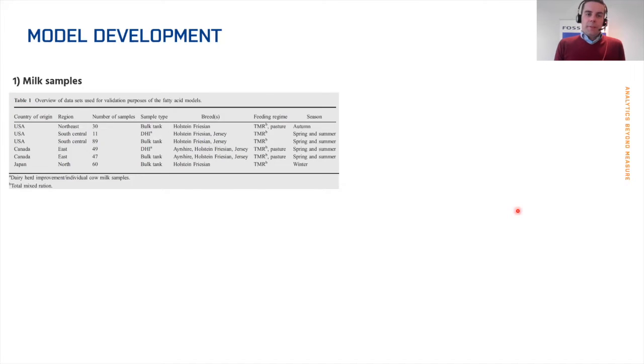We collected different types of samples: bulk tank samples, meaning all the milk from 1 farm together, and then DHI samples or individual cow milk samples. We covered different breeds, different feeding regimes in our sample selection, and different seasons. We tried to cover all these things in order to cover as much variation as possible, and thus be able to develop models that are as robust as possible towards such variation.